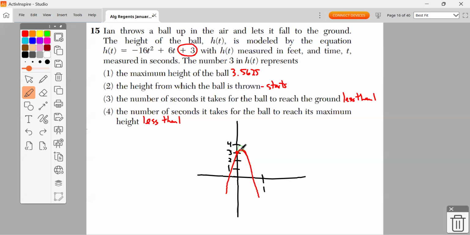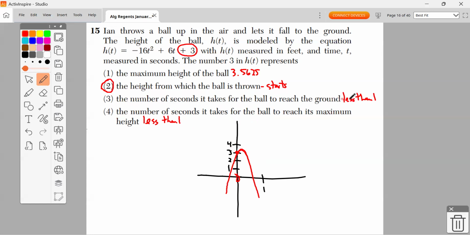The max height goes above 3, so that's not right. I actually calculated it out. It's 3.5625. The height from which the ball is thrown or starts, that is correct. I didn't circle it here, but that is correct. That's where it's starting. This is your time of 0 right here along the y-axis, and it's starting at 3.